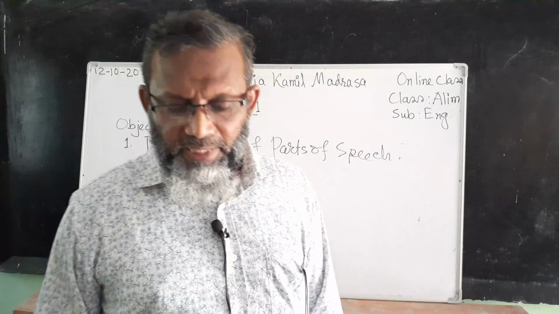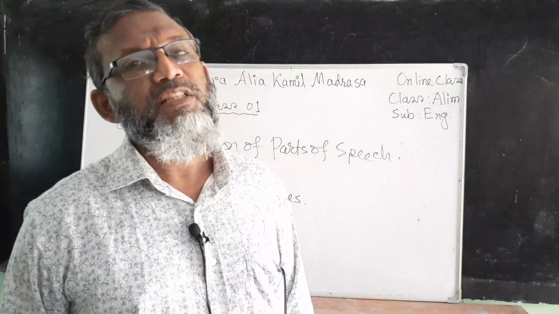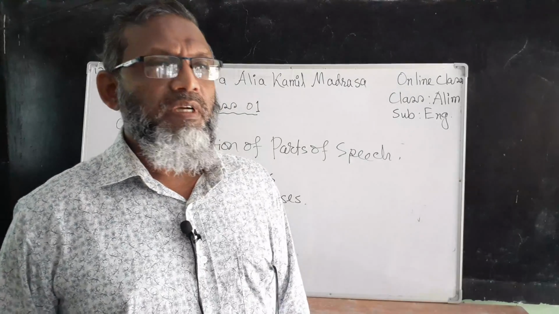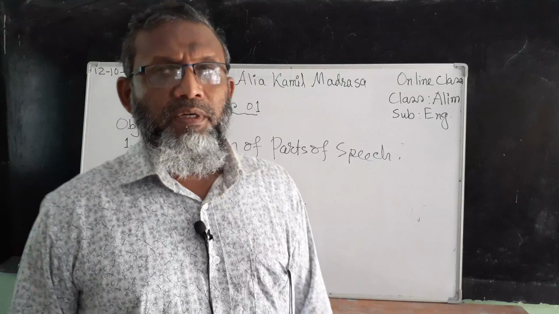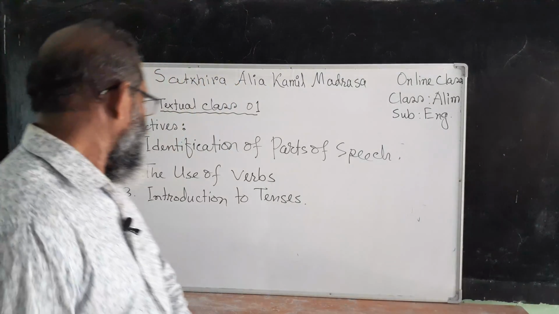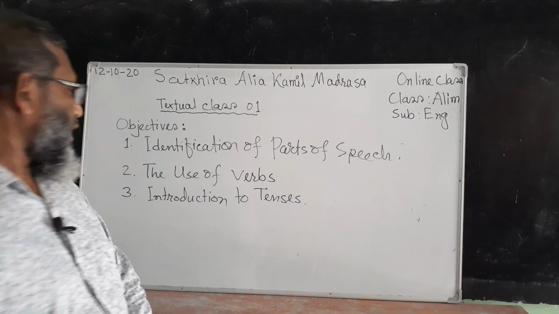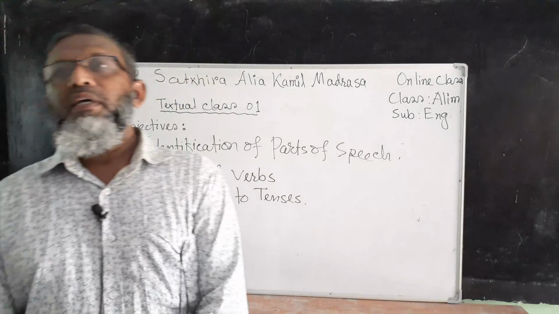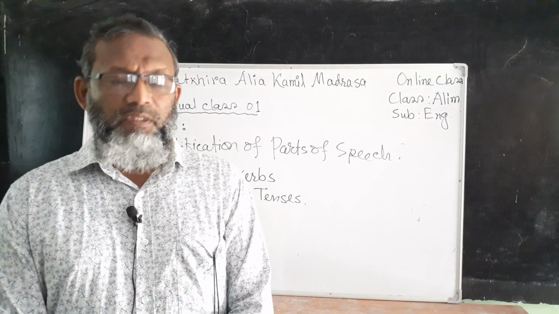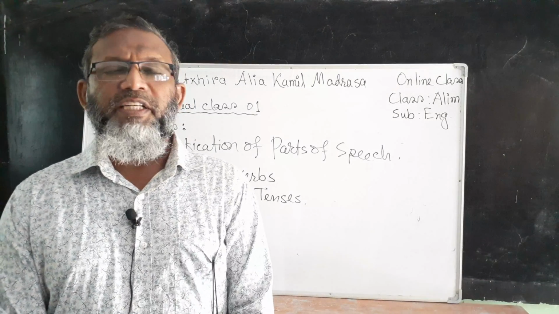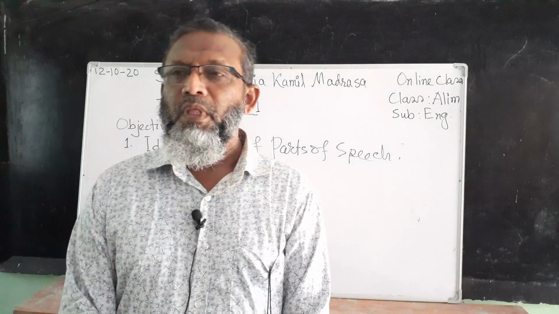And before that, we must say that finite verbs have tenses. That means the period of action. You know, on the board you see the introduction to tenses. In this chapter, we must say tenses are divided into three types: present tense, past tense, and future tense.